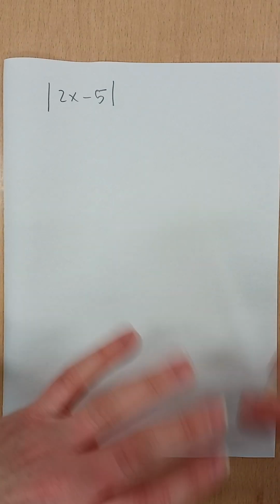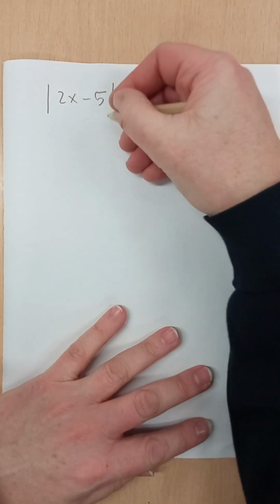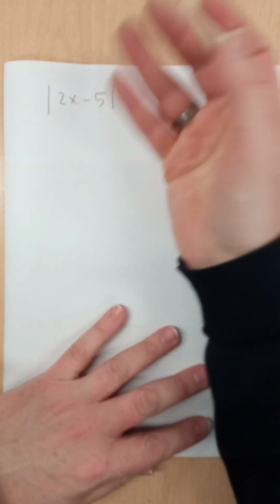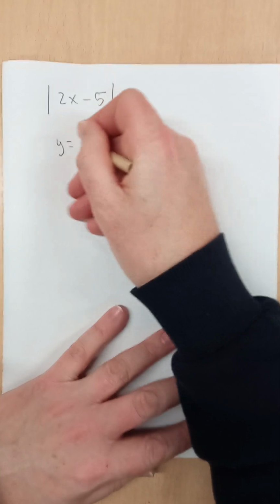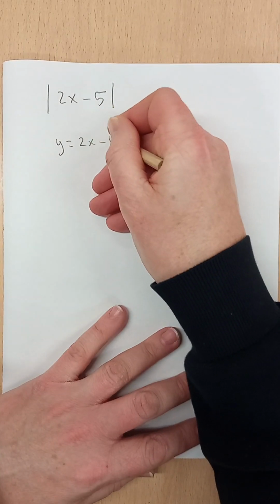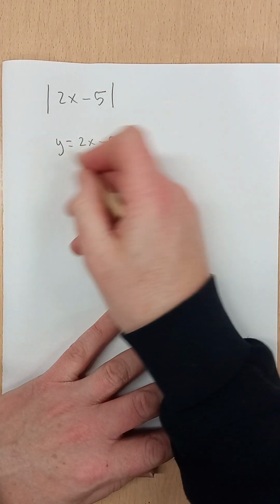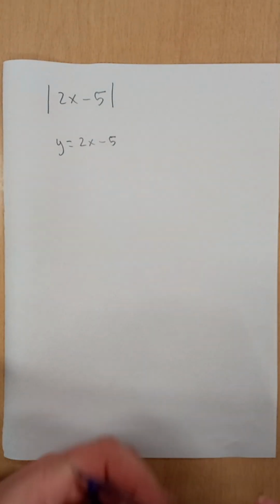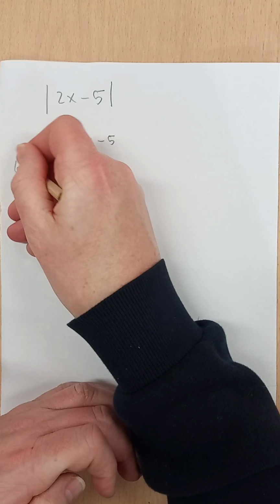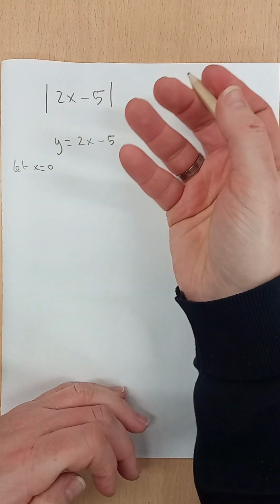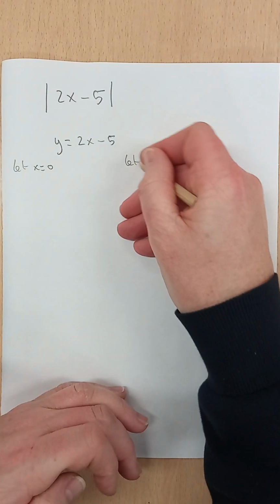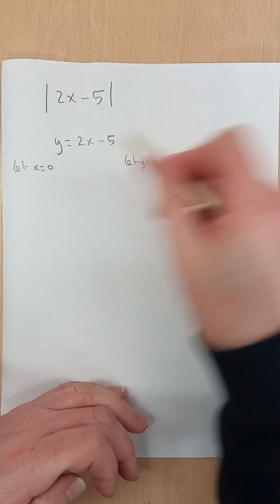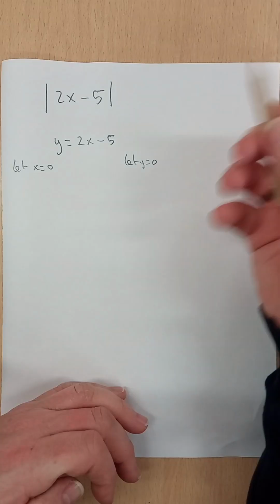Well, I imagine that these lines don't exist, and I would have a sum like this: y is equal to 2x minus 5. And I'd say to myself, how would I draw y is equal to 2x minus 5? Well, I would let x equal to 0 and solve for y, and then let y equal to 0 and solve for x. And that would give me an x and y intercept to allow me to draw the line.